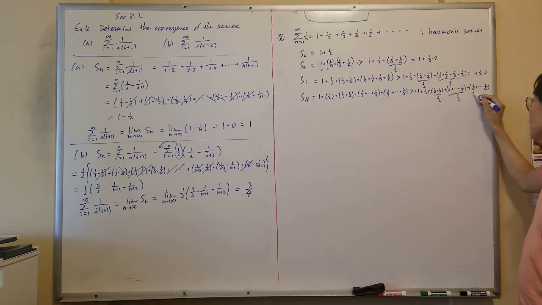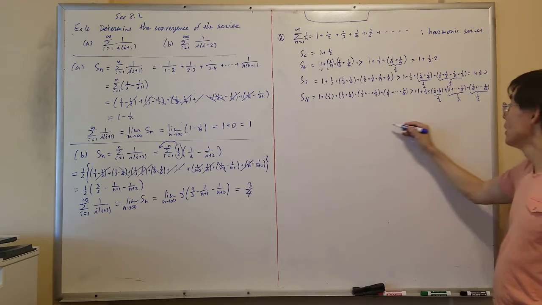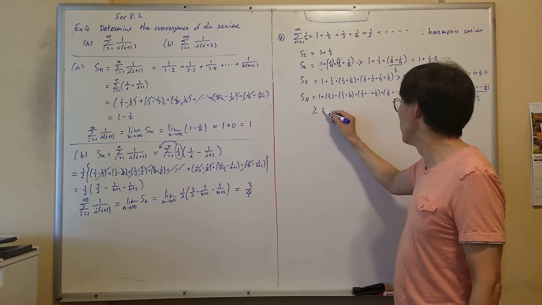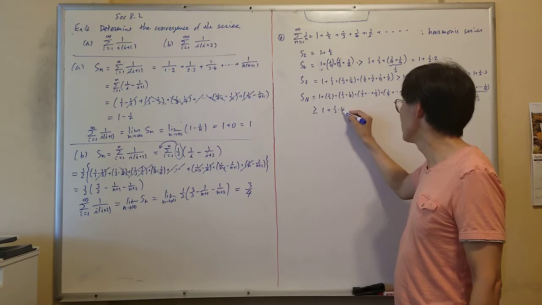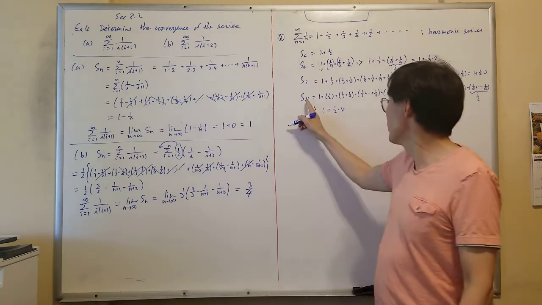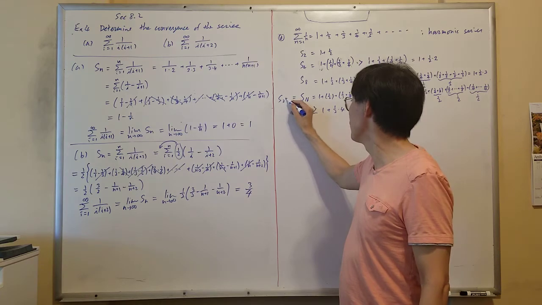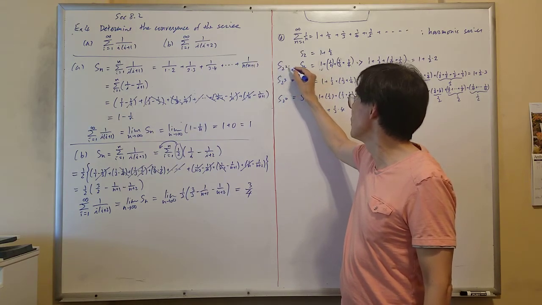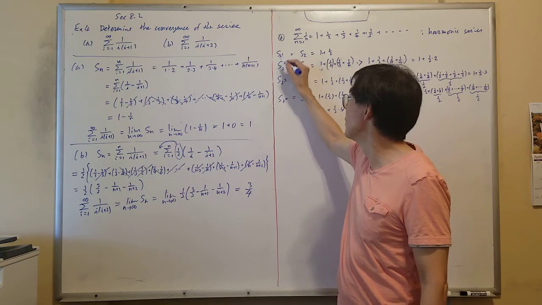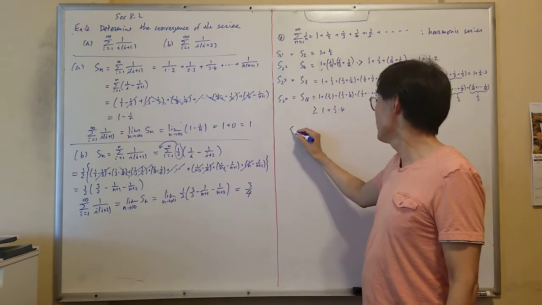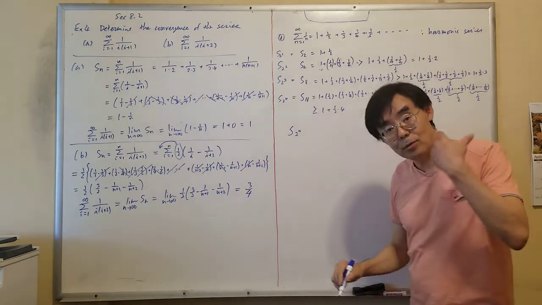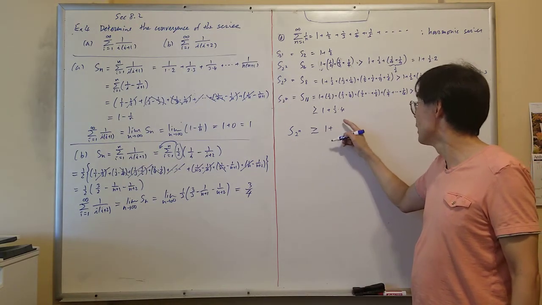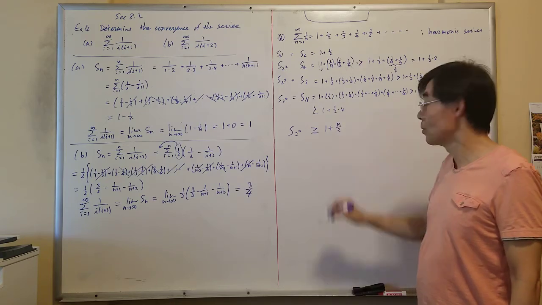Adds up to be 1 half. 8 times 1/16. So S16 is greater than 1 plus 1 half times 4. What is it? 16 is 2 to the 4th, 2 to the 3rd, 2 to the 2nd, right? So what is it? S of 2 to the nth. If you cover 2 to the nth terms, this will be 1 plus n/2.